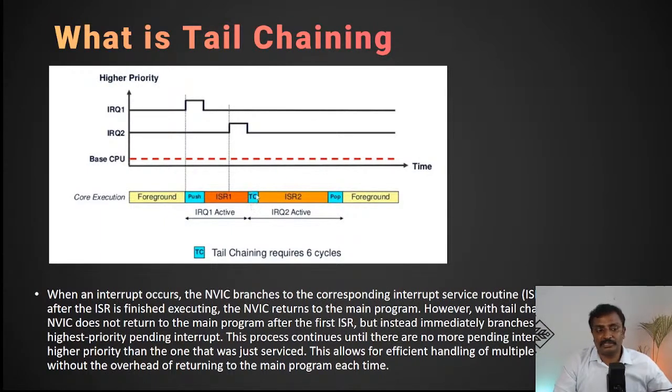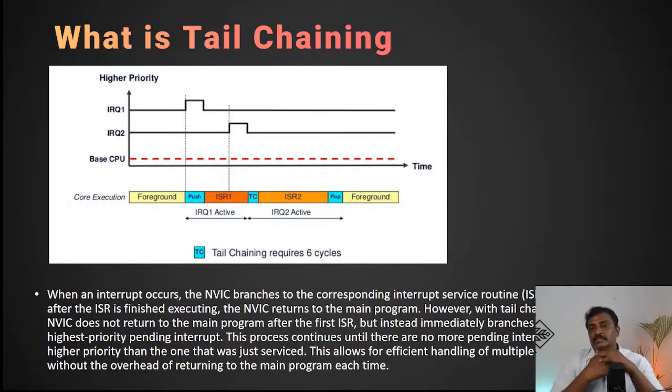Instead of popping, instead of unstacking, it goes for tail chaining and executes ISR2, interrupt service routine 2. Once ISR2 is completed, it goes for unstacking with a pop, and finally it returns to the main task. So this is called tail chaining.